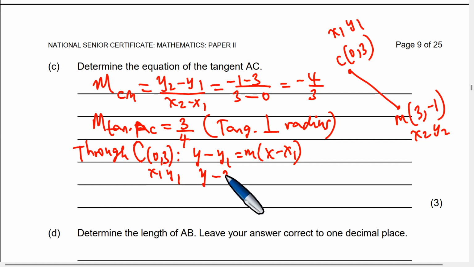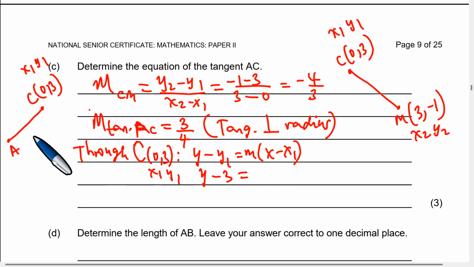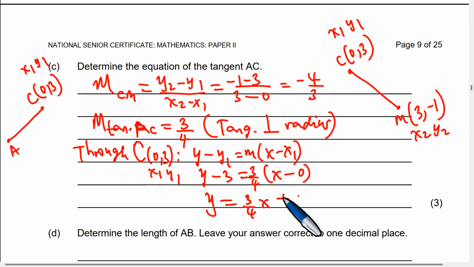It is 3. This tangent is from the point A, but it passes through the point C. So the gradient of this tangent is 3/4 into x minus x1, which is 0. Which is y equals 3/4 x plus 3. That is the equation.